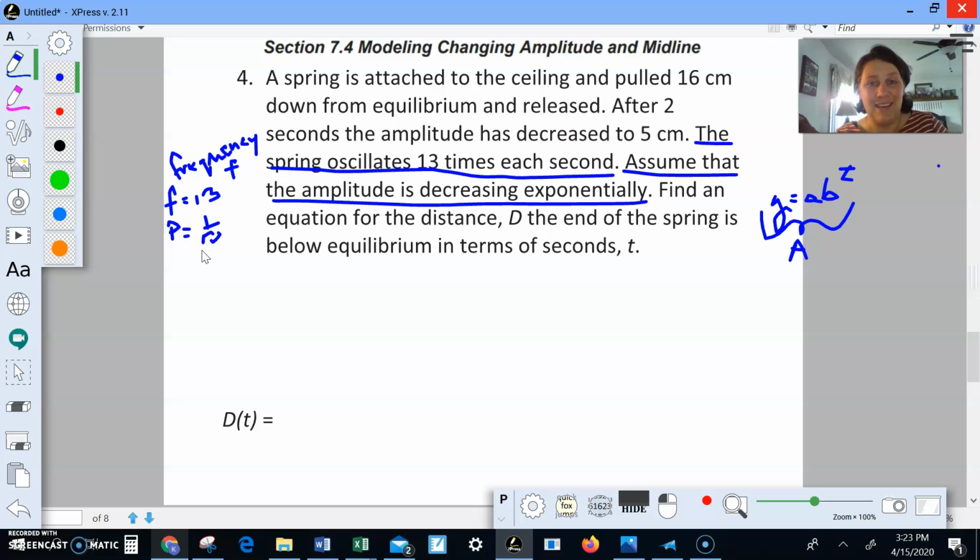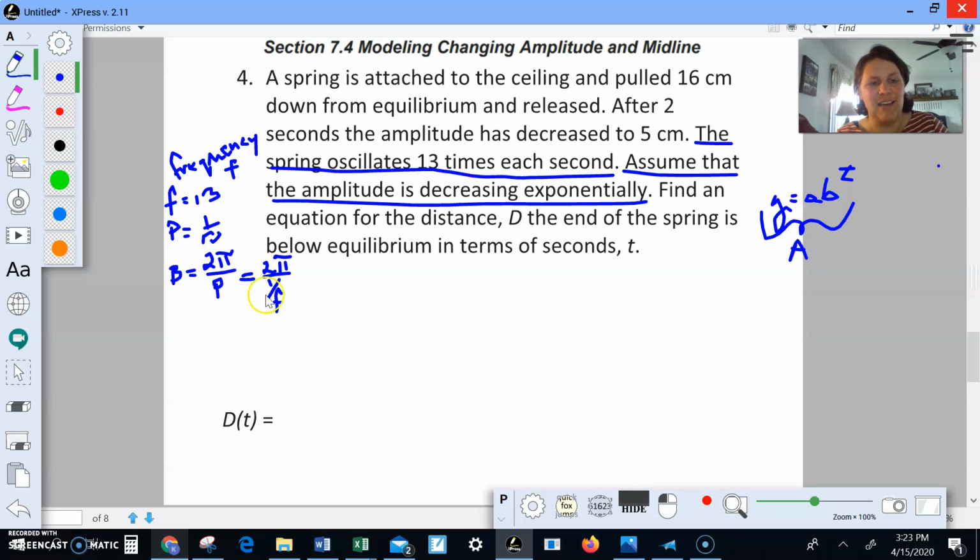Now, b is what we need to find for our equation. So b is 2 pi over p. So far, that's what we know. But if we wanted to write p in terms of f, we could also say b is 2 pi over 1 over f, right?